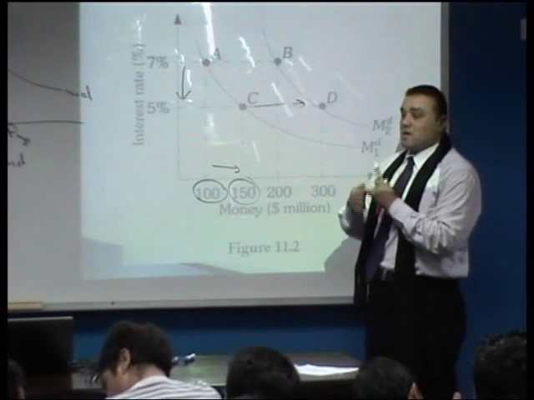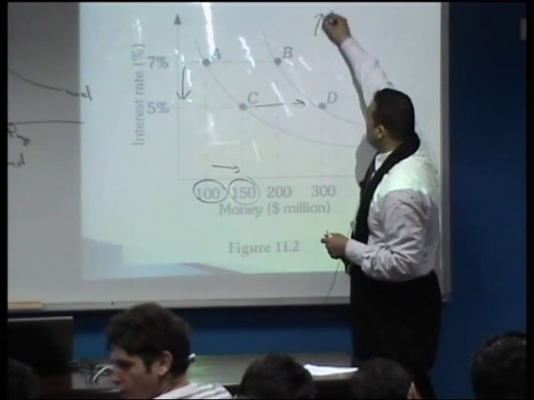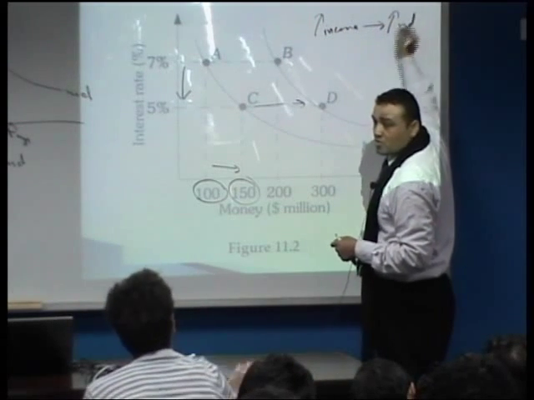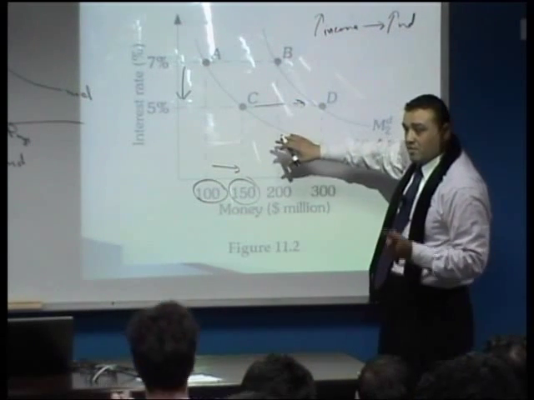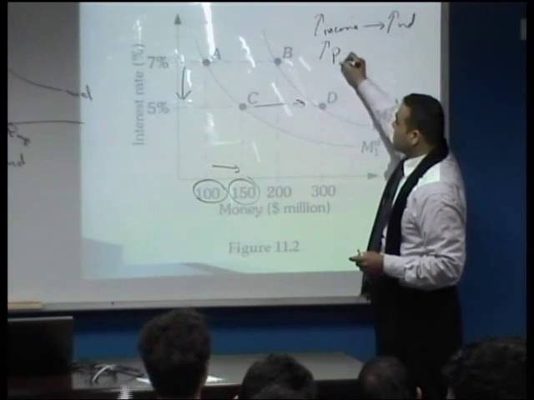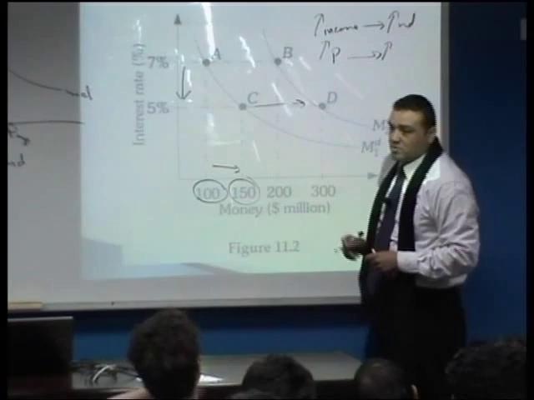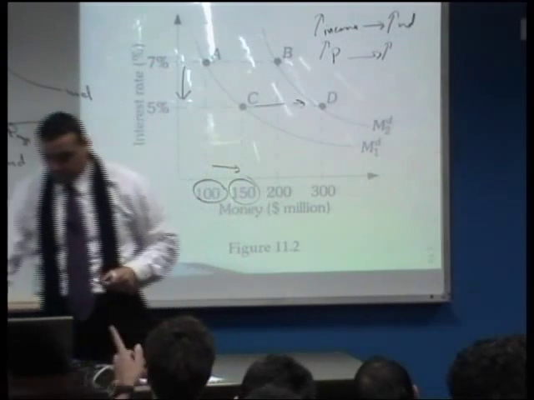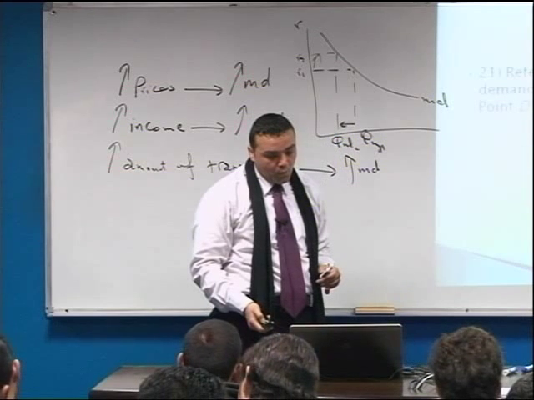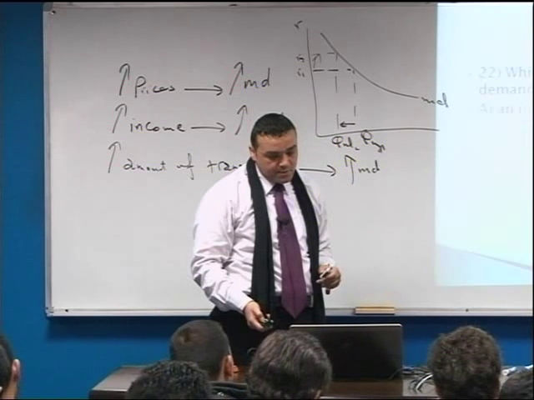Maybe the income increased, because an increase in income, the aggregate income, increases the money demand. So there is a rightward shift of the money demand curve from MD1 to MD2. Or the prices increased or the number of transactions increased.